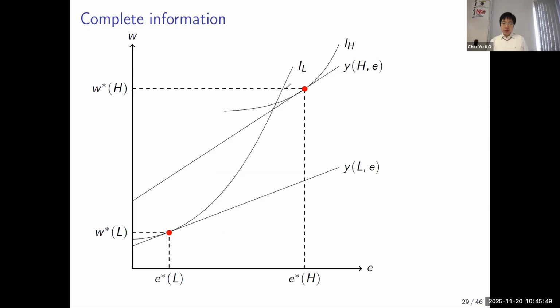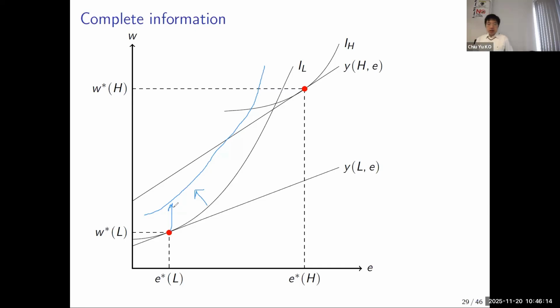Suppose your type is L, the indifference curve goes this way. That means if you go in this direction, it is better, because you get higher wages. Going up is better.